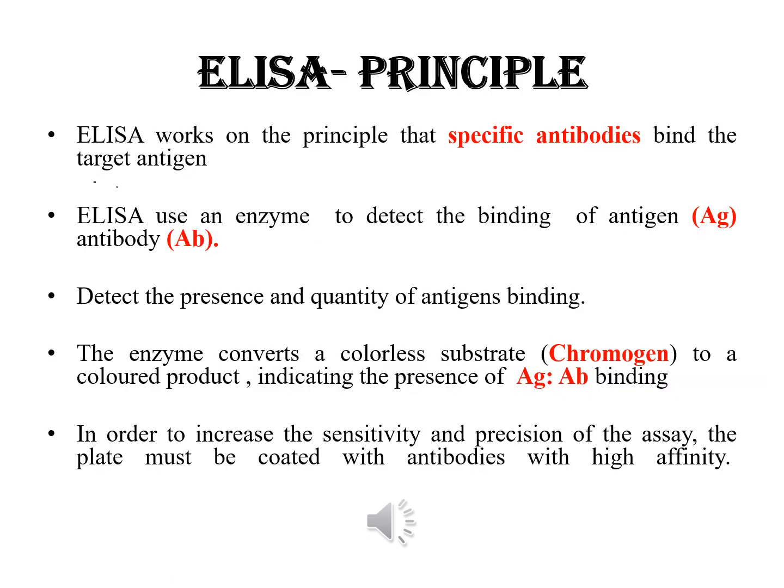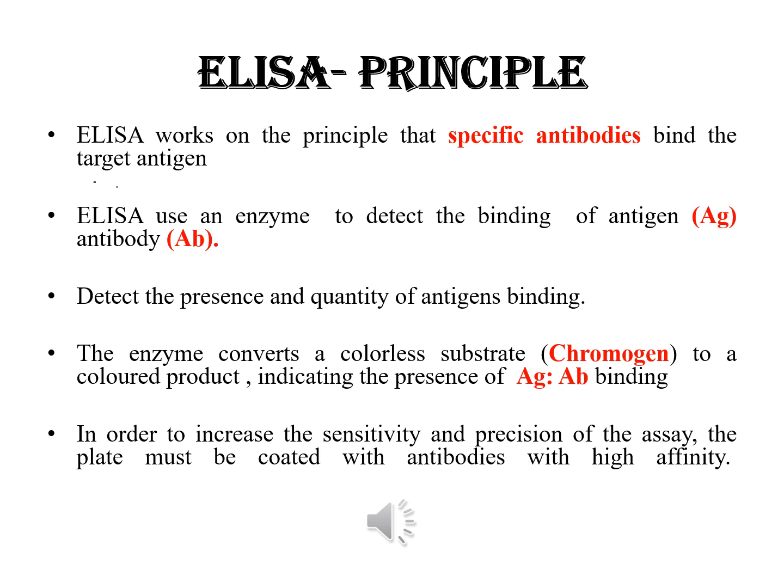So far, we have seen the introduction about ELISA. Now, we are going to look into the principle on which ELISA works. ELISA works on the principle that specific antibodies bind the target antigen. ELISA uses an enzyme to detect the binding of antigen and antibody. It also helps to detect the presence and quantity of antigen binding.